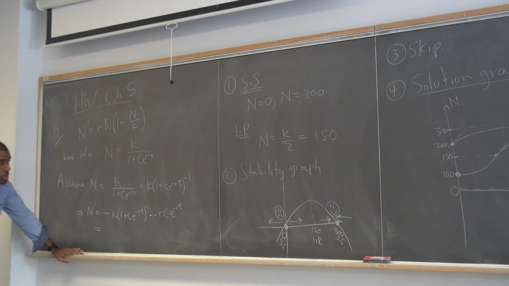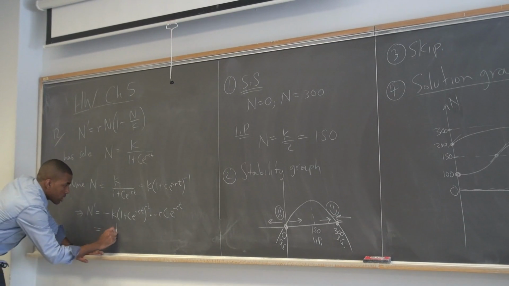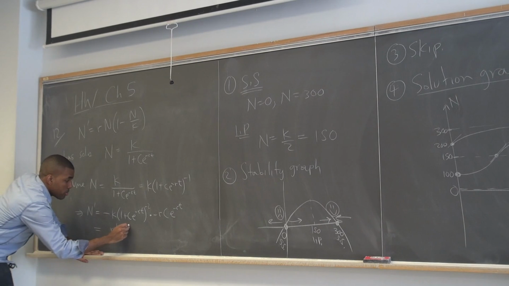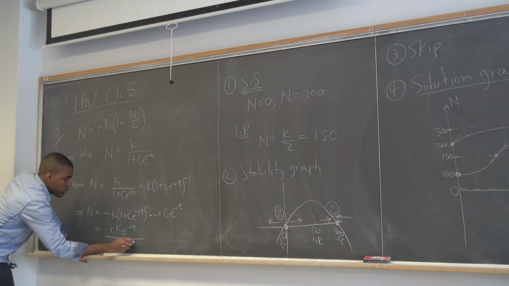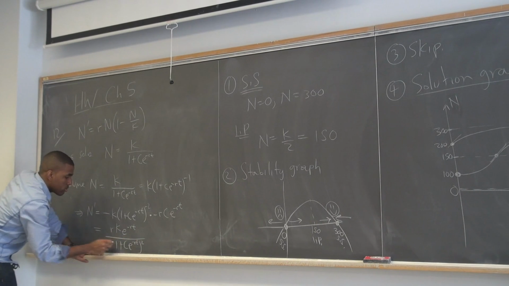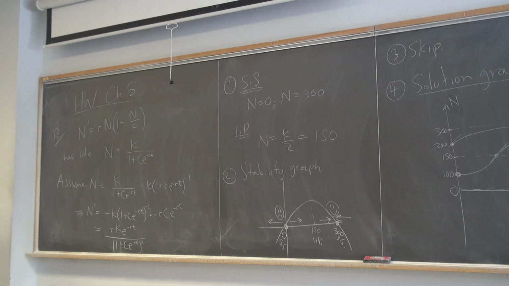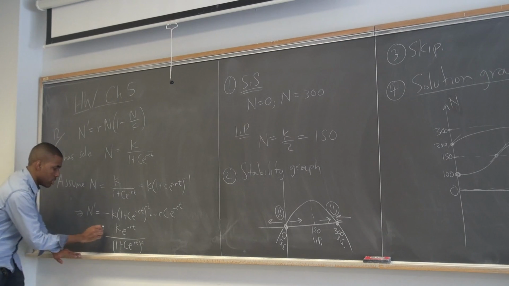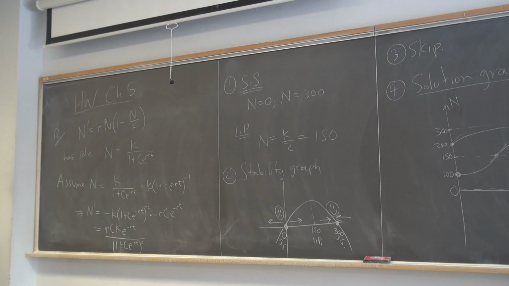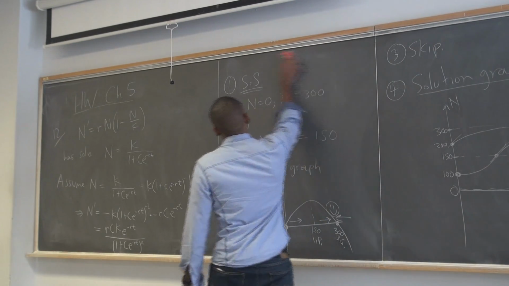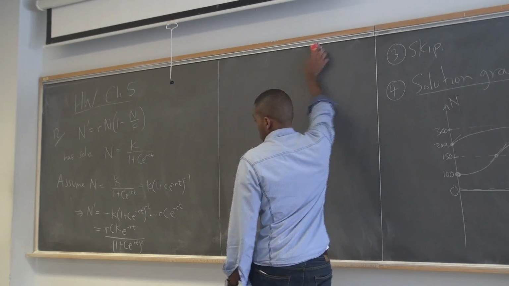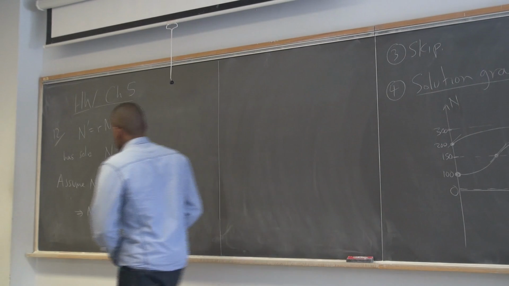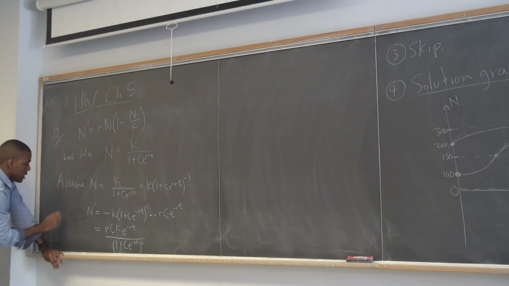So this ends up being rcKe^(-rt) over (1 + ce^(-rt)) squared. Right, did I do that? So this is what the left-hand side should look like.